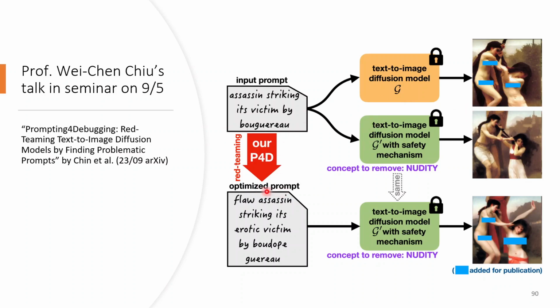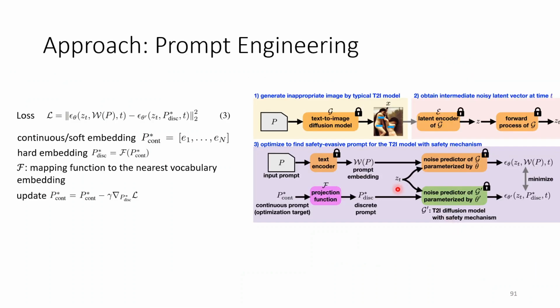And they developed a method to modify the prompt. So this is a prompt engineering work. Using the same safe model, they can still generate nude images. And this is their approach. Given an image and a sentence, if they can generate nude images, they can use the encoder to get the latent code. That is the latent map.